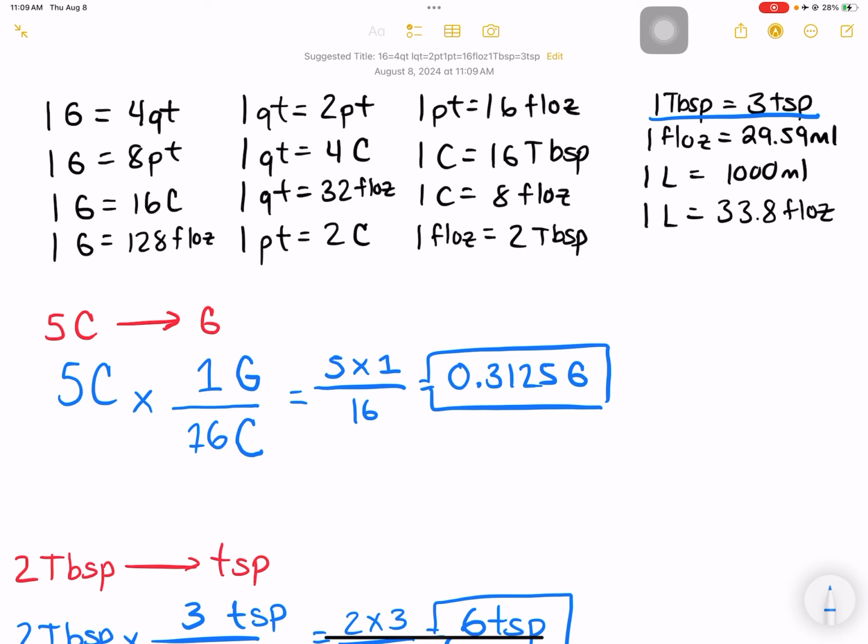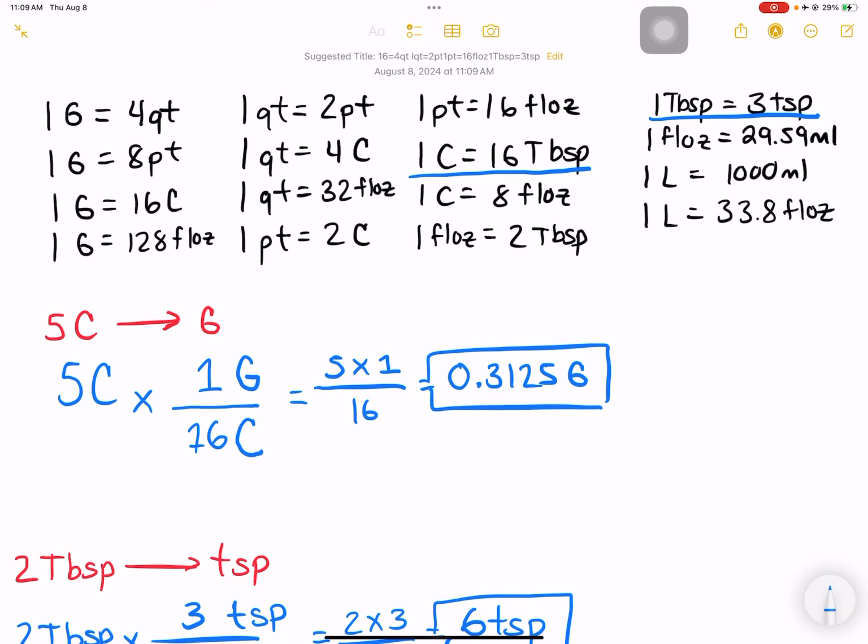So I can convert into tablespoons first, and then I can convert from tablespoons to my desired unit, which is cups. And I do have a conversion factor between tablespoons and cups. So I'm going to place these values in the dimensional analysis, making sure that the units cancel out. One unit that you have in the top has to cancel out with a unit that you have in the bottom in the next block.